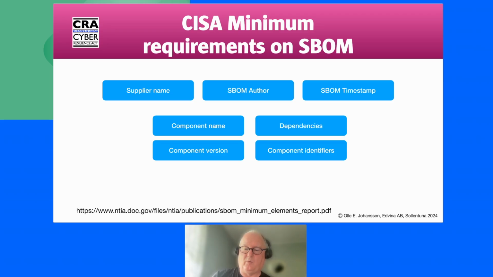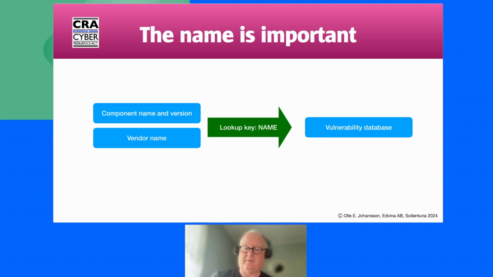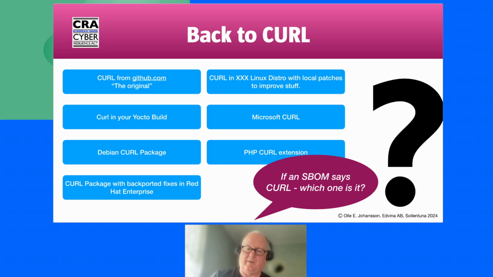One very important thing here is the name and the relationships. I showed an SBOM on earlier slides as a kind of family tree trickling down. So you need to understand the dependencies, which component depends upon another component. But this name is what we use when looking up in the vulnerability database.